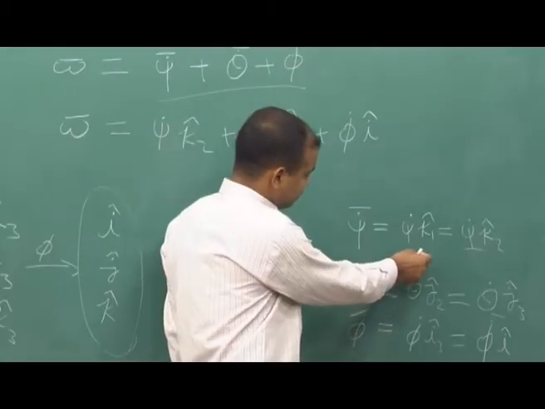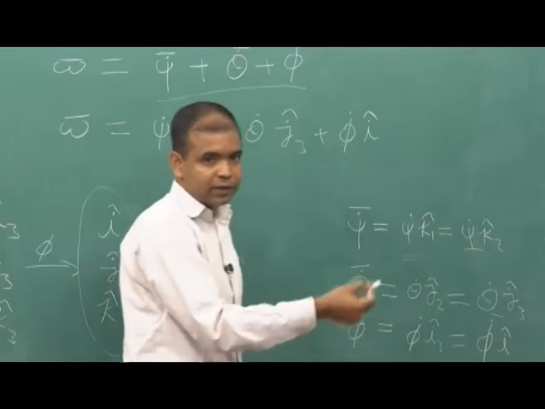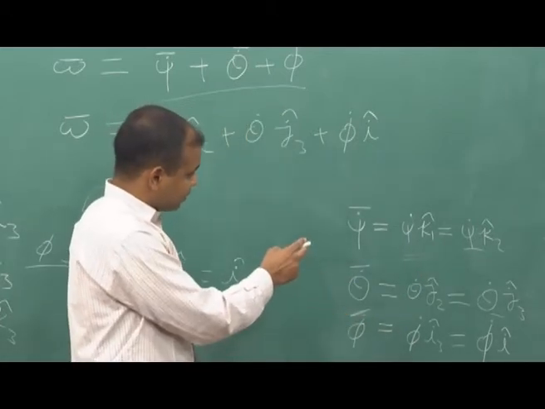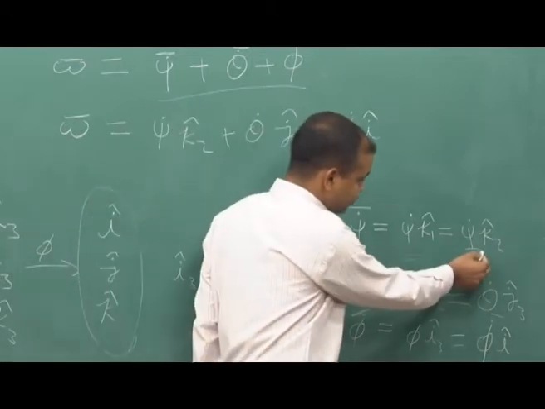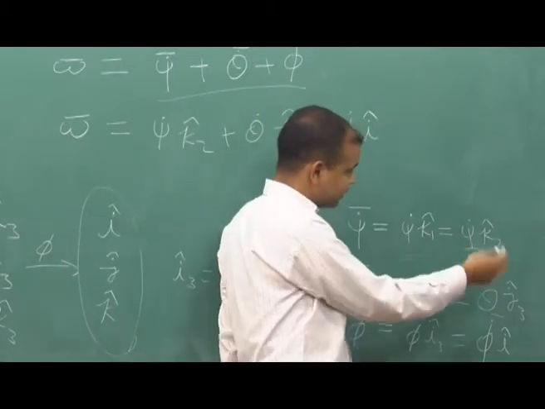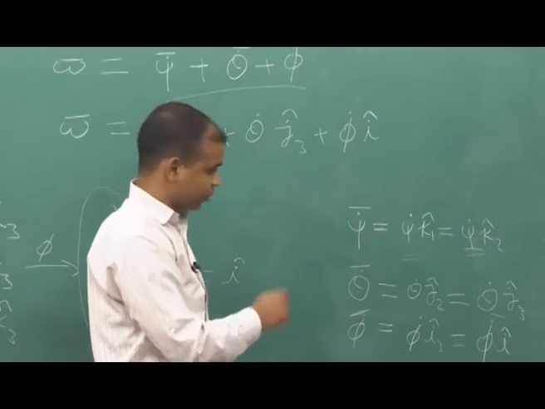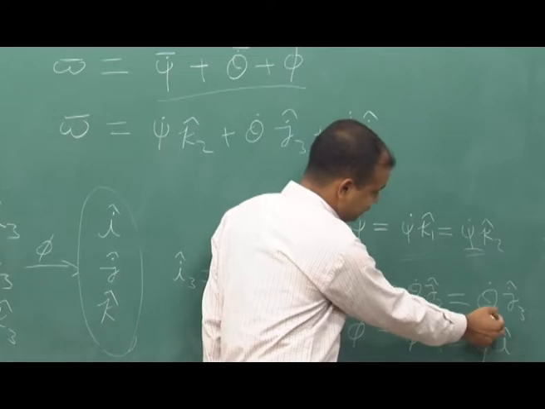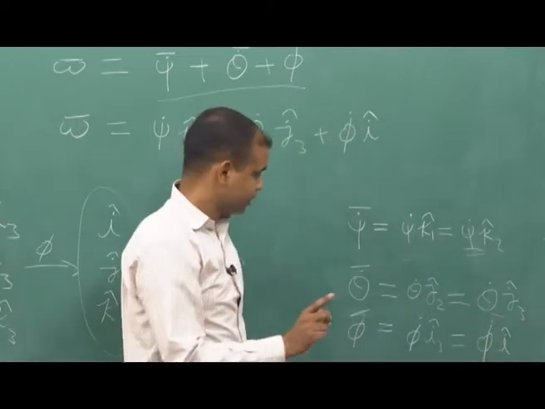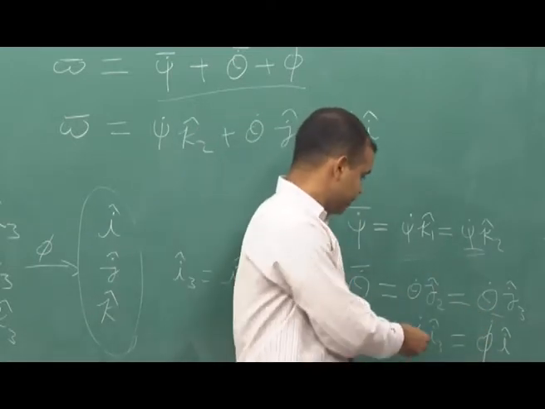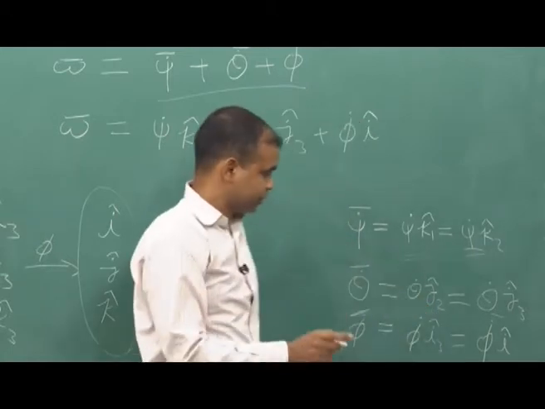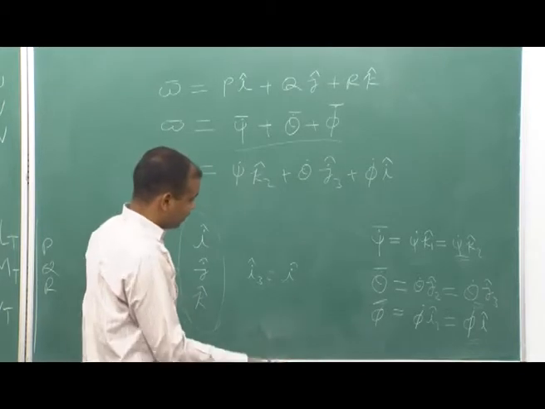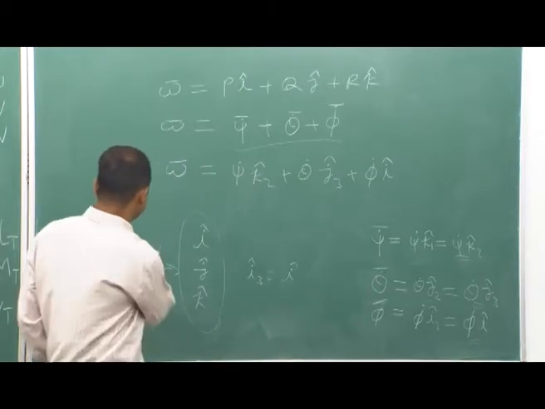The first from k1 to k2, then k2 to k3, and then k3 to k, and this will take 3 rotations. If I start from k2 directly, then I can reach the I j k frame after only 2 rotations. Similarly, if I start from theta dot j3, I will require only 1 rotation to reach the I j k frame. That is why I am picking this one, and this is already in I form, no rotation required.